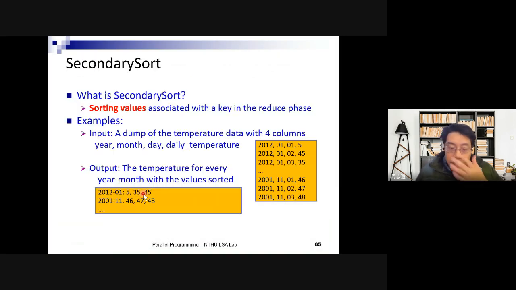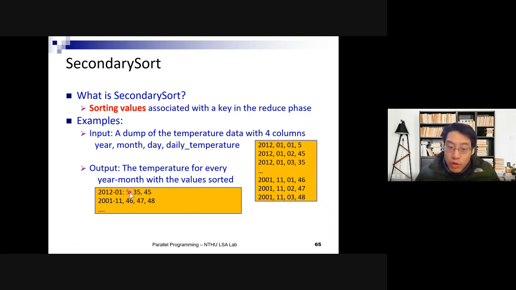All right, so finally, secondary sort. We already saw this, if you remember, when we built the inverted index. We wanted to sort the values according to their document ID, and that's a secondary sort problem. And here we can see it again. For example, we have these temperature records. We want to output this result to show what temperatures were recorded for each month.